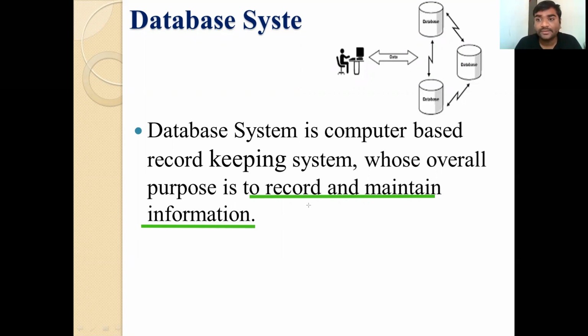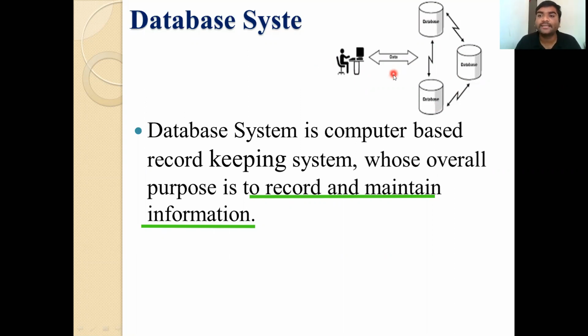If anyone asks you what the database system is, as you can see in that figure, there are a lot of databases available, and the computer user is going to collect the information. These are the sources, the databases where the information is stored. From that database, this user is going to retrieve the information or store the information.